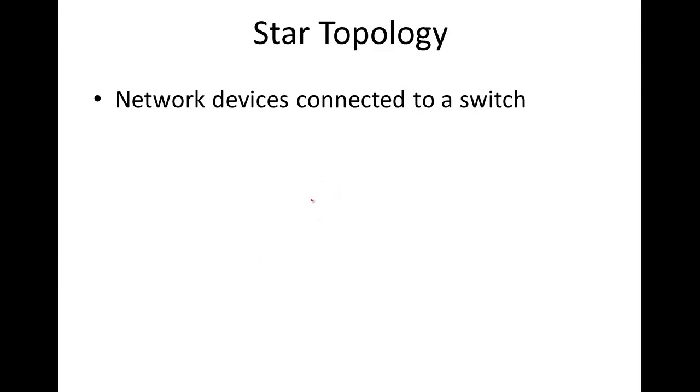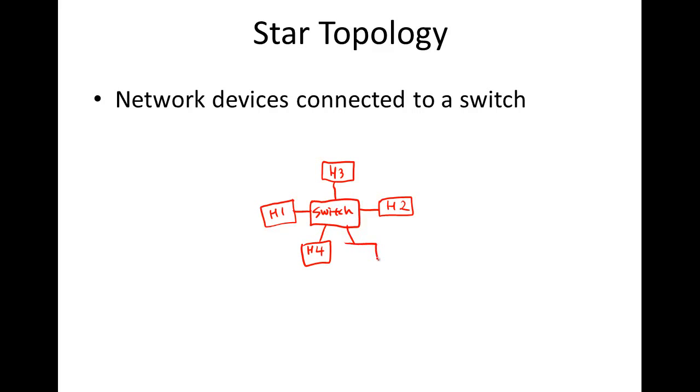You have this switch in the middle in the star topology, and you have all these network devices: host 1, host 2, host 3, host 4, host 5. So this looks like a star, and that's why it's called a star topology.